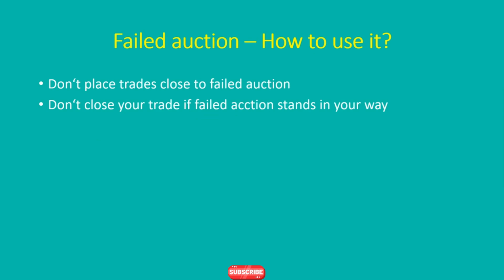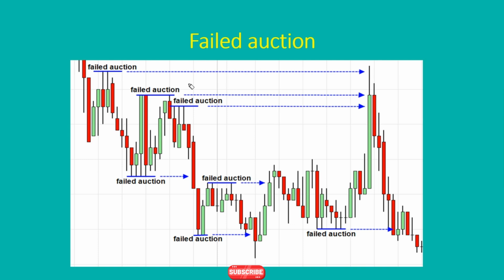Let me now show you one more picture. In all those cases, you can see that there were failed auctions. All those are failed auctions. There's quite a lot of them on this picture.